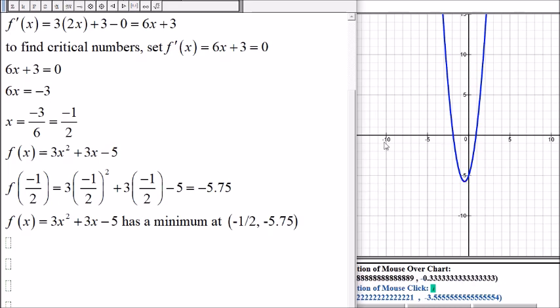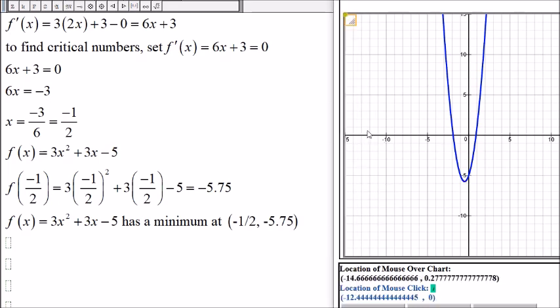And so we say that from the left side up to negative 1 half, the graph is going down. From left to right, the graph is going down. And then from negative 1 half to positive infinity, the graph is going up.